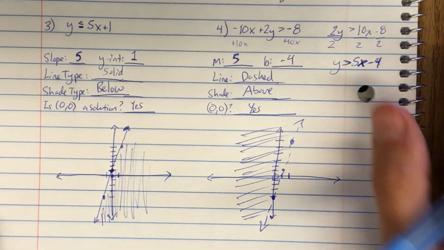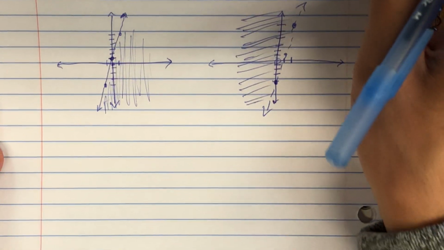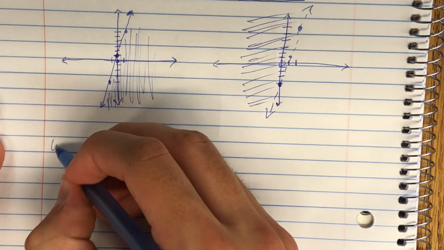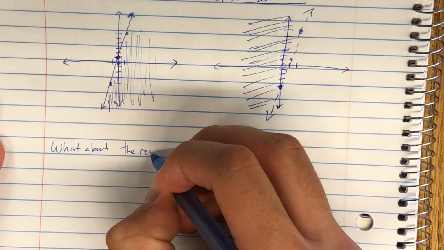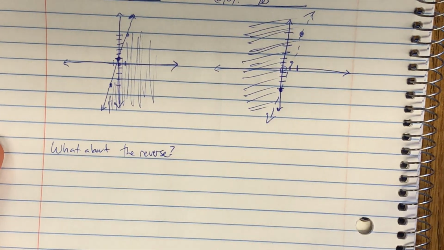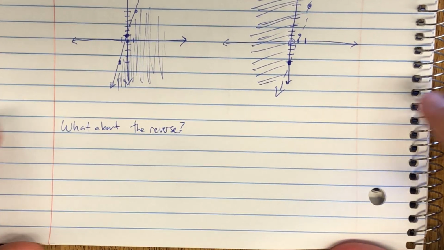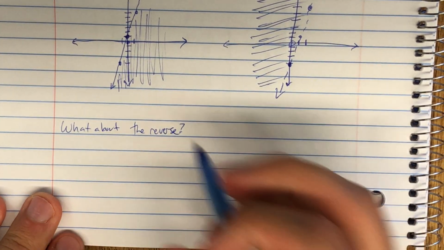So another thing to mention is what about the reverse? What if I have a linear inequality graph and I want to write the inequality?